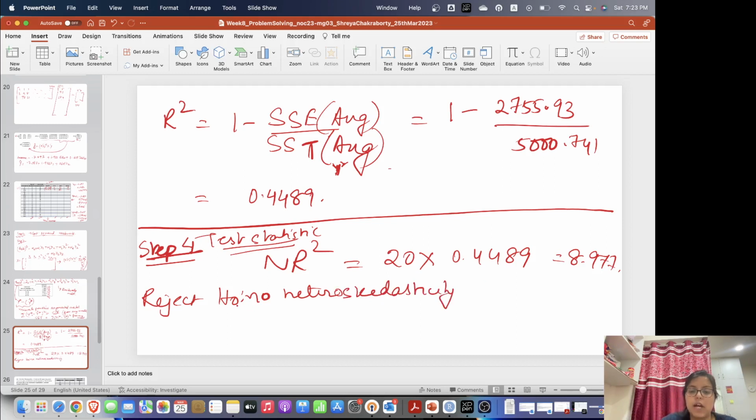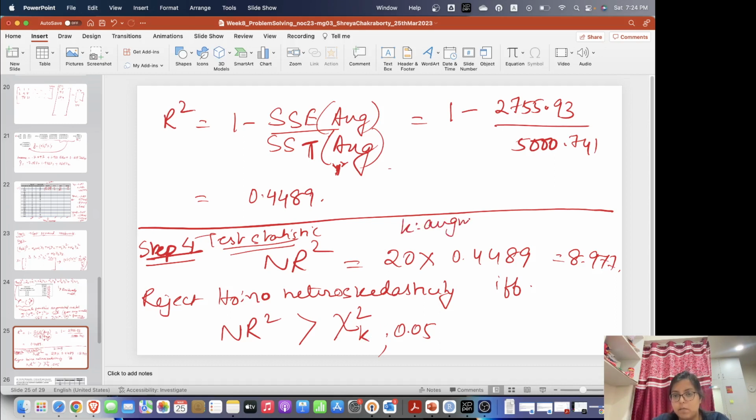Okay. So we are going to reject H naught if and only if nR square is greater than chi square 0.05 with degrees of freedom k, where k is from the augmented model.